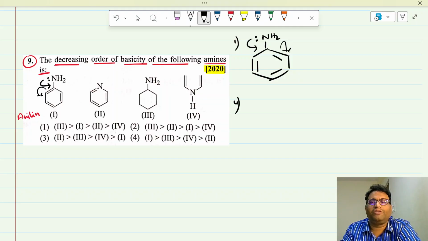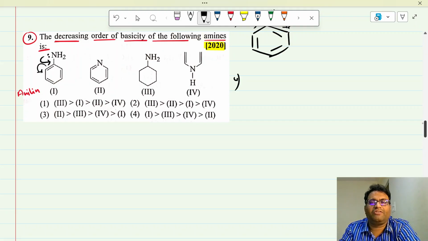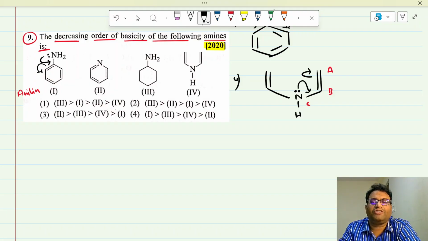In the fourth molecule also, they are delocalized because they are present in a conjugated system. Where are they in the conjugated system? See, this is a conjugated system. Already we have studied conjugated system. A double bond B, C. If C has a lone pair, then it is a conjugated system. This pair of electrons are under conjugation.